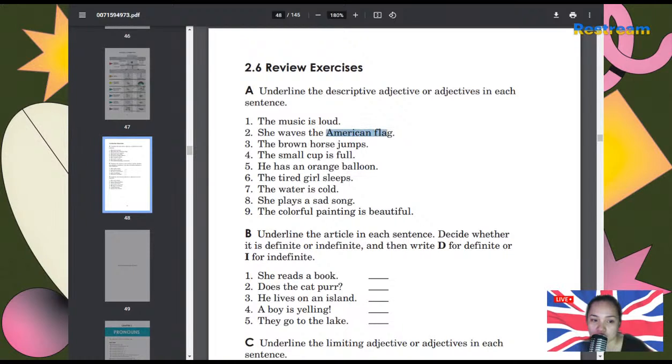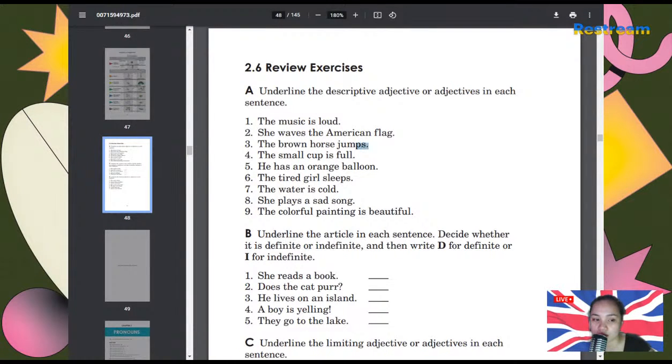The American flag. And we are actually put the adjective waves. So it waves describes the American flag.